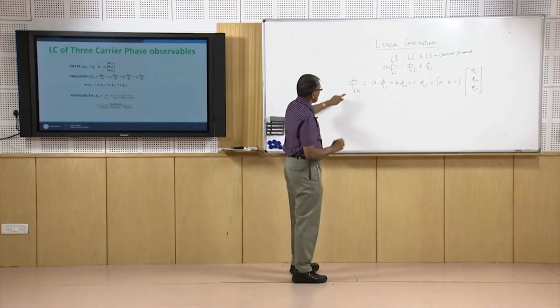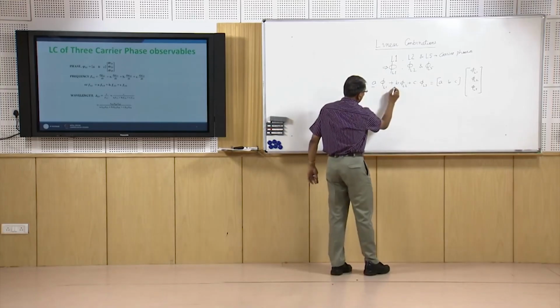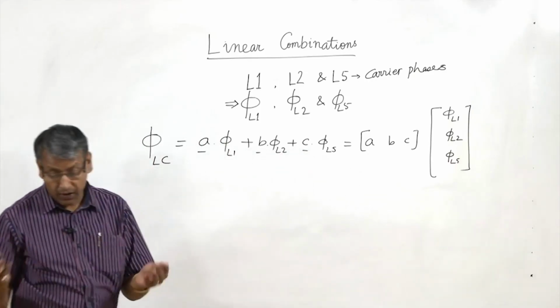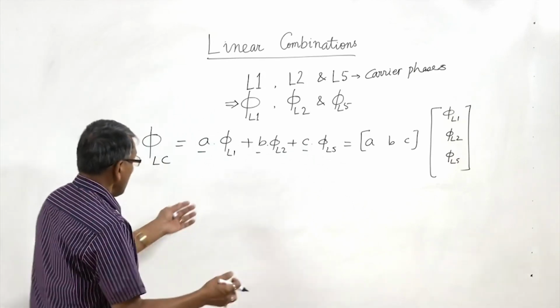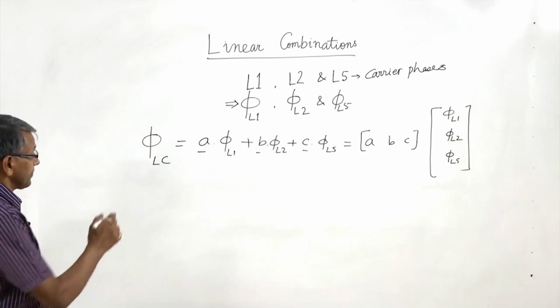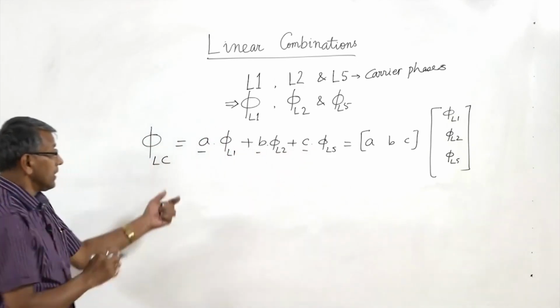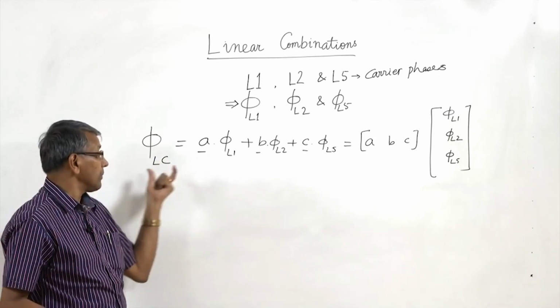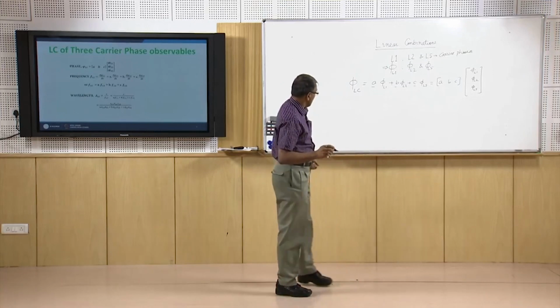This is the phase of the combined signal, and A, B, C are the different coefficients which we will learn more about afterwards. By multiplying by these coefficients, we can arrive at some characteristic phase of our desired nature.